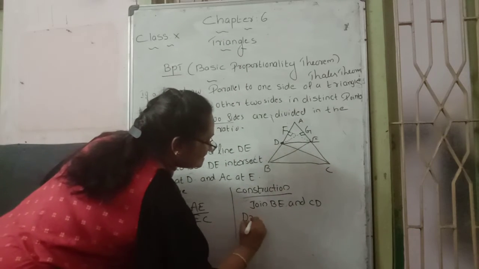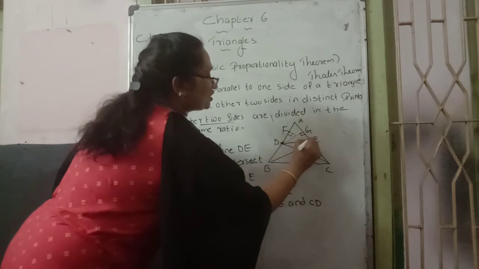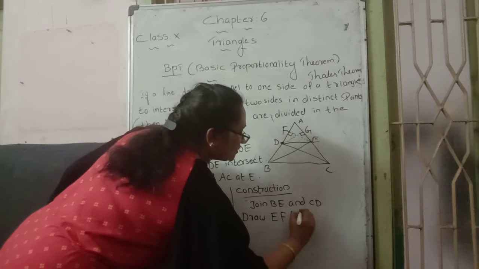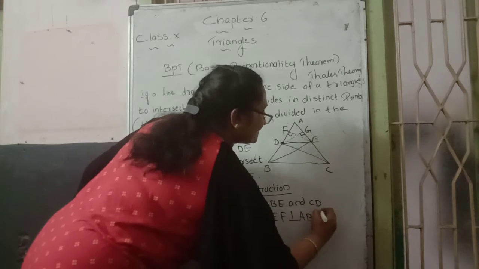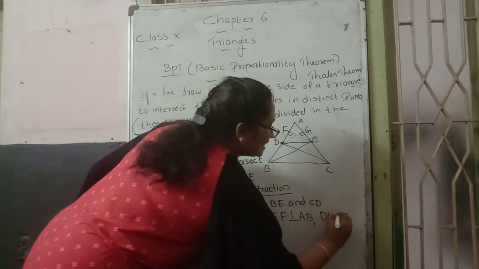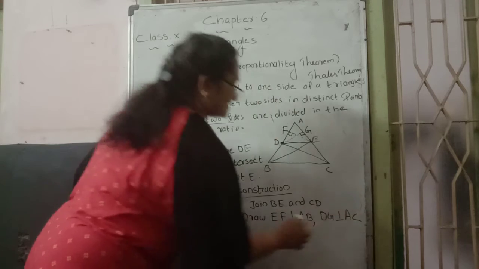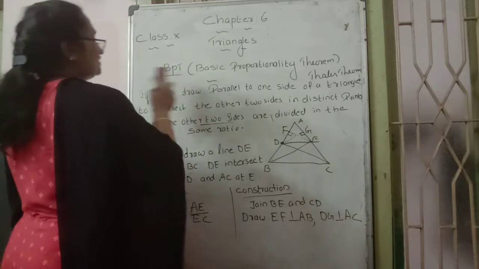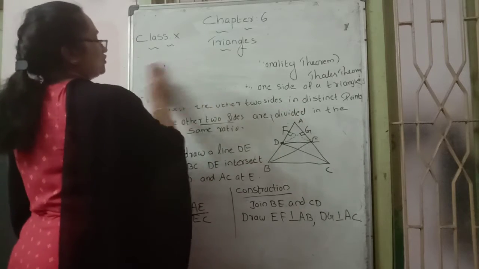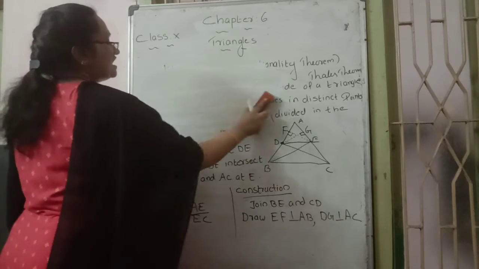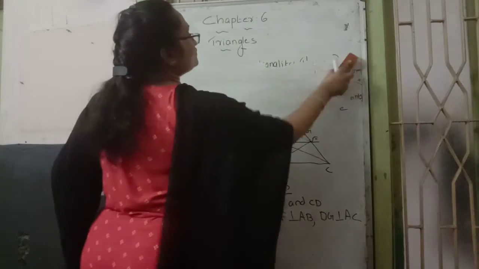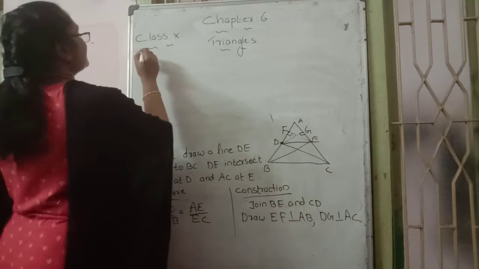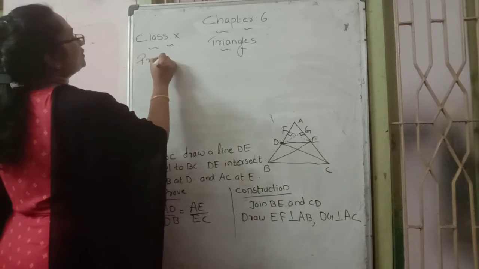Then afterwards draw perpendiculars. Which are the perpendiculars? EF perpendicular to the AB side and DG perpendicular to the AC side. Third step is construction. The fourth step is proof. We want to prove that. How to prove? Next, the fourth step is proof. How do we want to prove that?